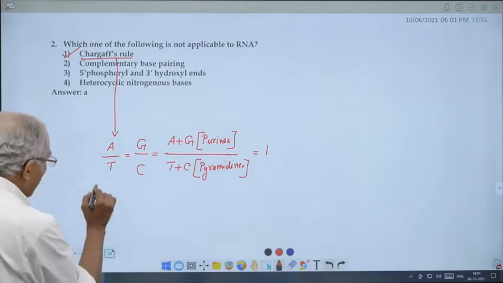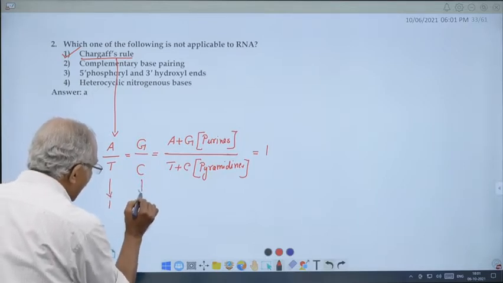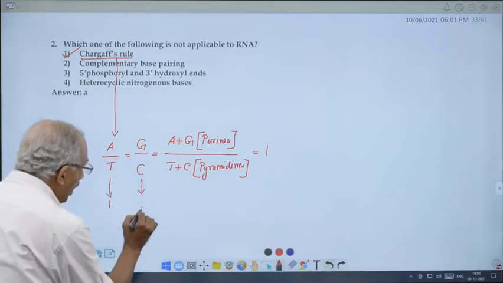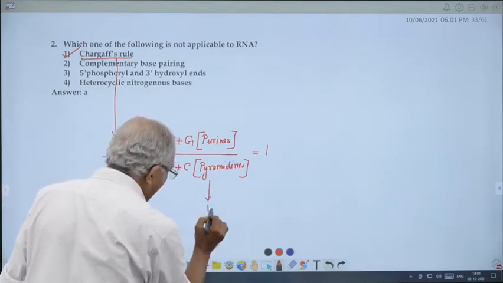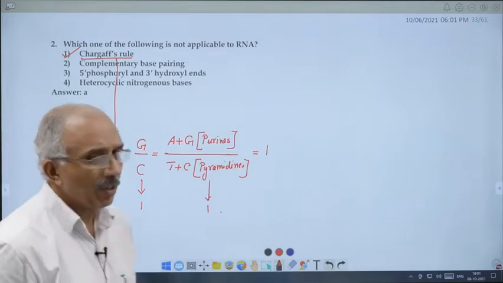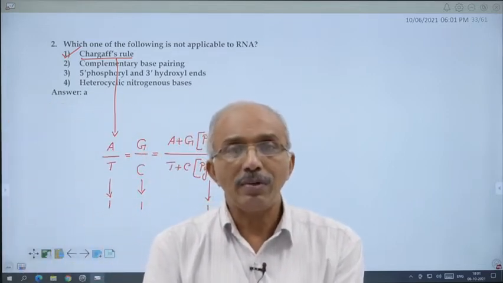That is, A by T equal to 1, G by C equal to 1, purine divided by pyrimidine is equal to 1. This is what is called Chargaff rule.